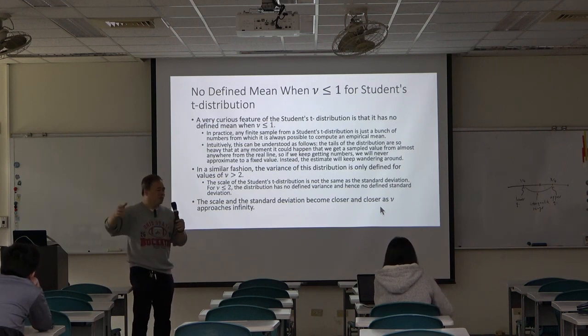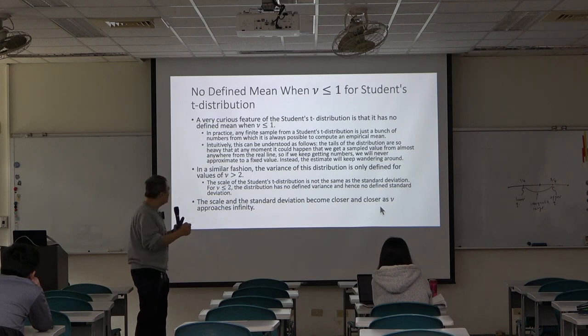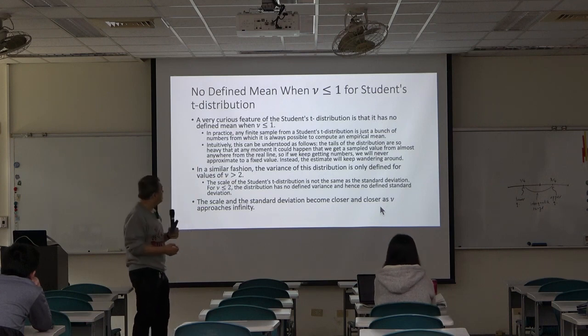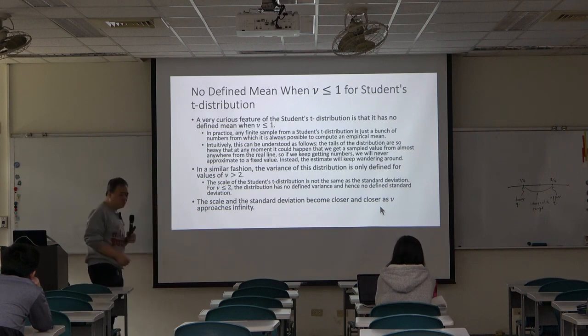When you sample from this distribution, it's very likely you get bigger and bigger values, or smaller values, away from the mean. As a result, you cannot get a stable mean if your Student t distribution has a v value smaller than or equal to 1. This is something you need to be very careful about.